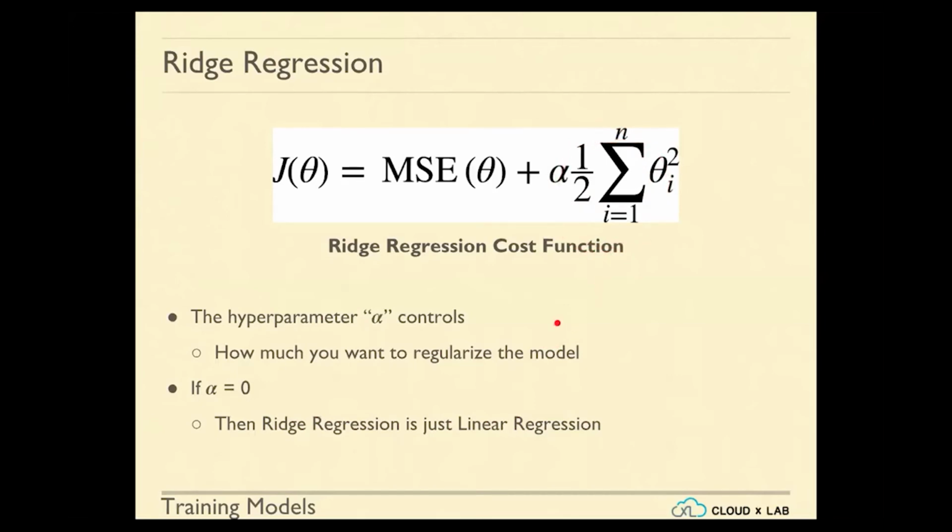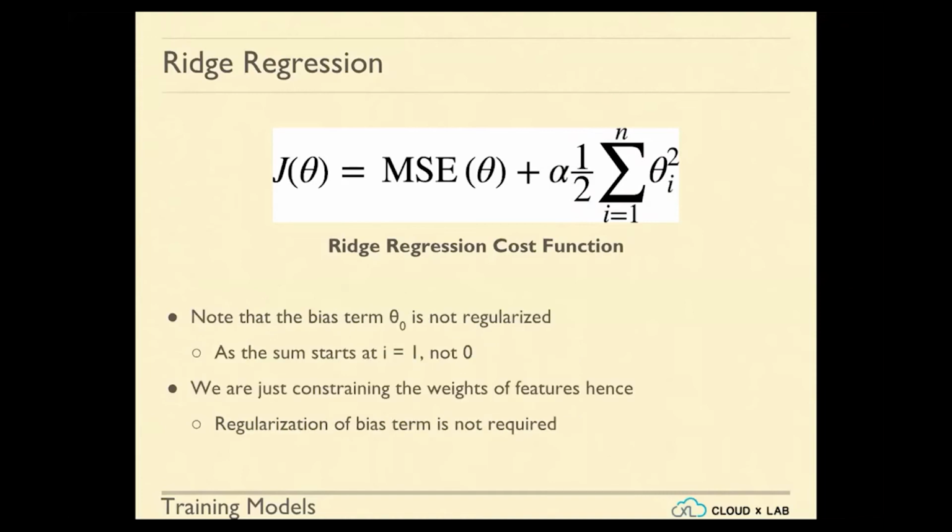All right. So ridge regression is just linear regression with an extra term. If you put alpha equal to 0, then this becomes standard linear regression. Note that the bias term theta naught is not regularized, as the sum starts at i equals 1, not 0. We are just constraining the weights of features.